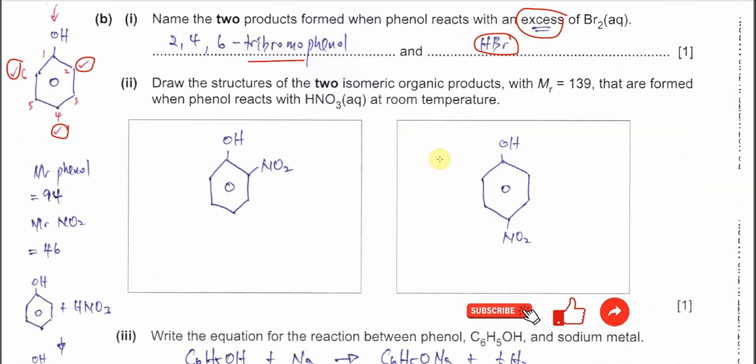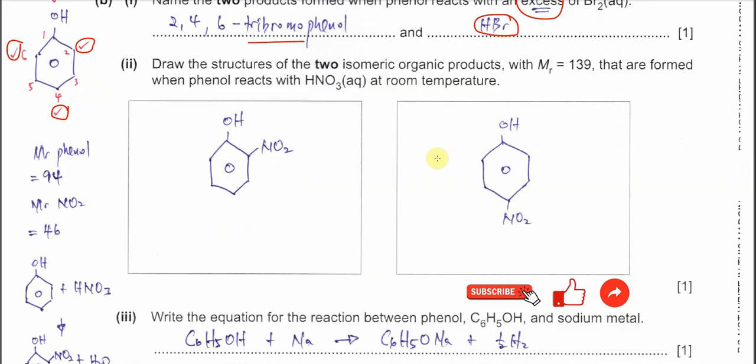Part 2. Draw the structures of two isomeric organic products with molar mass 139 that are formed when phenol reacts with dilute nitric acid. Dilute nitric acid means it will just form the 2,4 isomers.